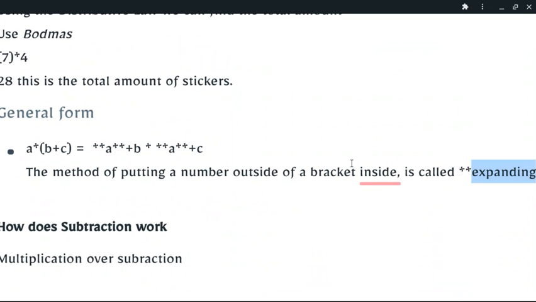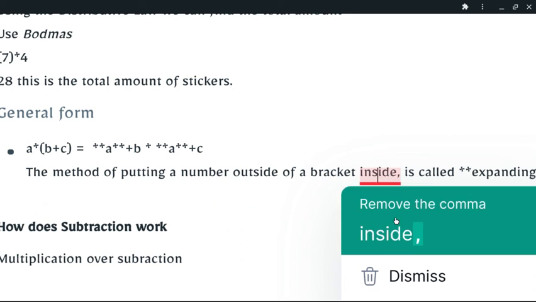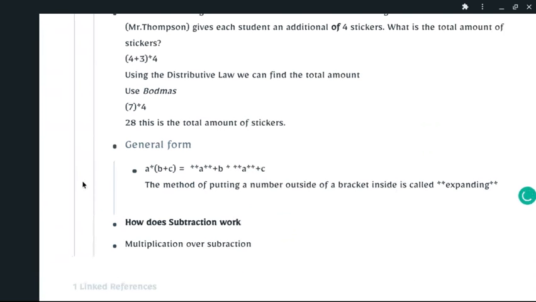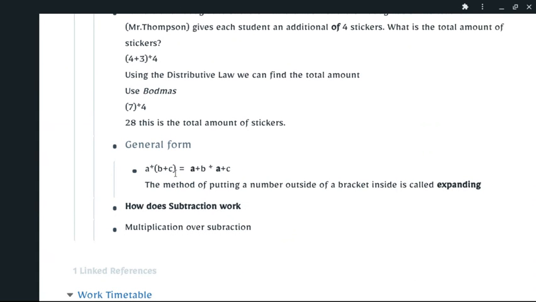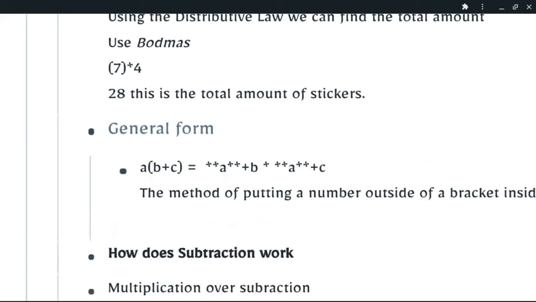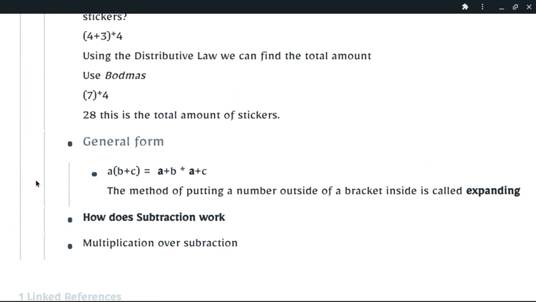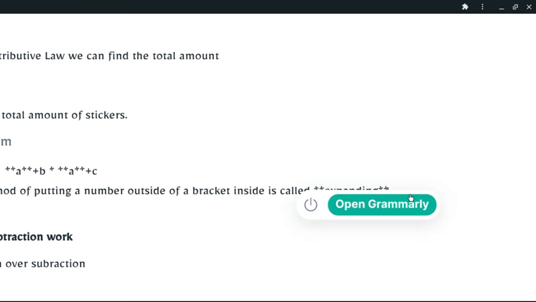All right, we're not talking about the universe expanding. We're talking about math. When you show what is actually happening with A bracket B plus C, that's expanding it by putting the A on the B and the A on the C. So this is another topic. Let me put it: bracket expansion.